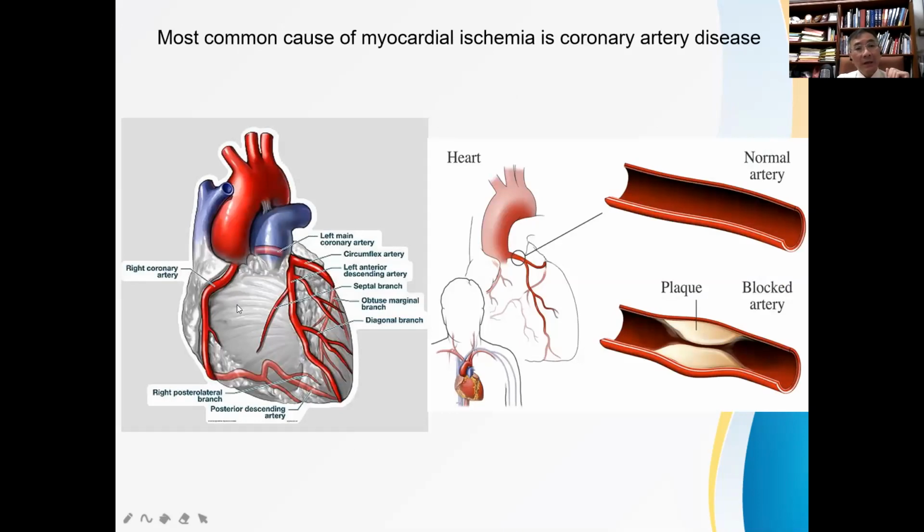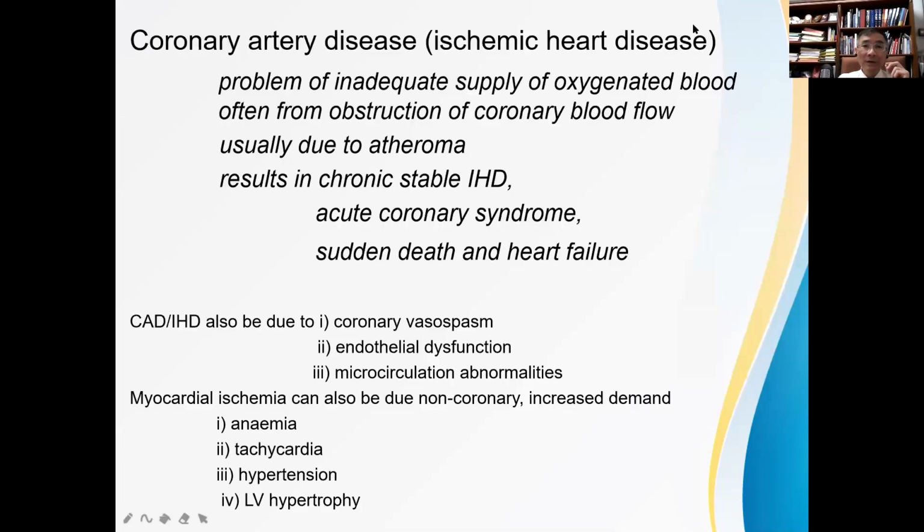Now, classically, ischemia comes about because the coronary arteries get blocked. The most common cause of myocardial ischemia is coronary artery disease, and that's why another name for coronary artery disease is ischemic heart disease. To reiterate, ischemic heart disease is a problem of inadequate supply of oxygenated blood.